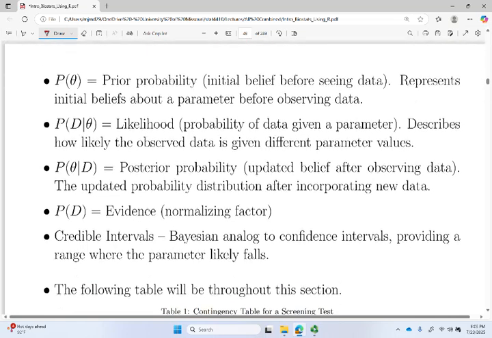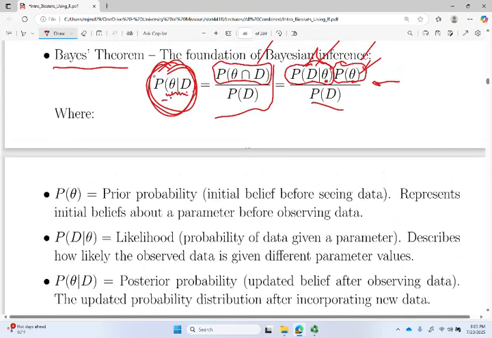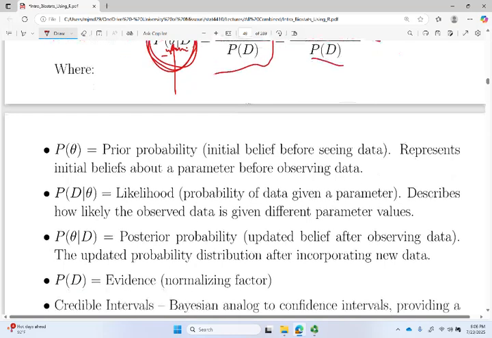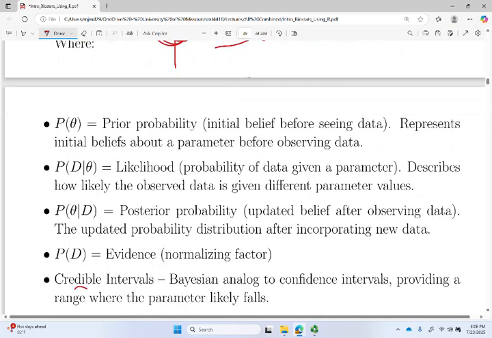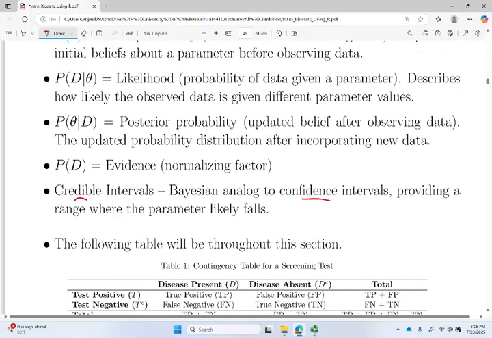Okay, and then once you've collected the posterior distribution or posterior probability, then you can start constructing confidence intervals for theta. Now, if you're a Bayesian, you don't say confidence intervals. Confidence intervals are a frequentist viewpoint. You call them credible intervals, but it's essentially the same thing. It's the analog to confidence intervals for Bayesians.